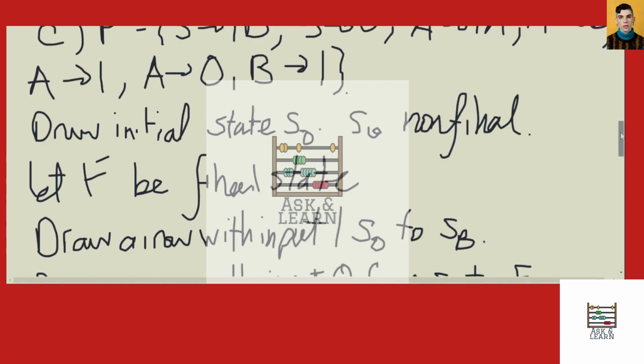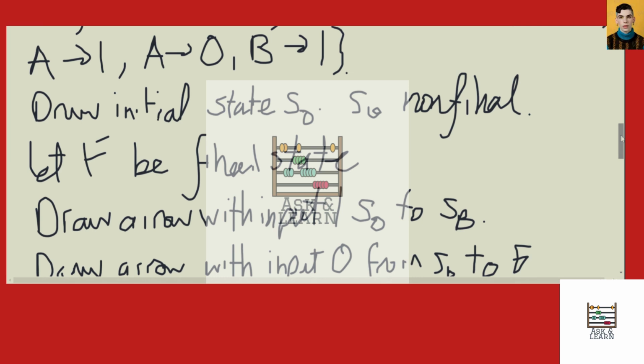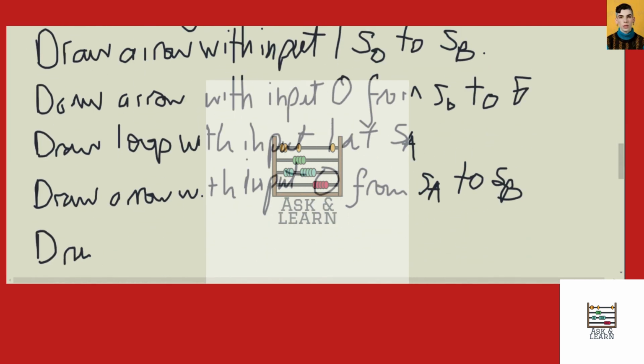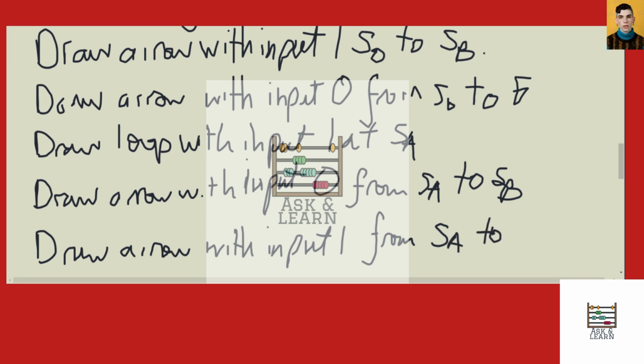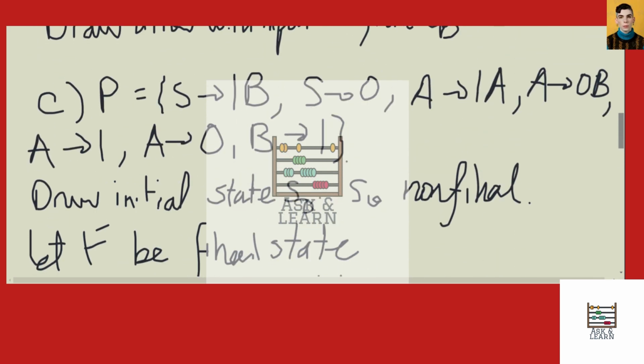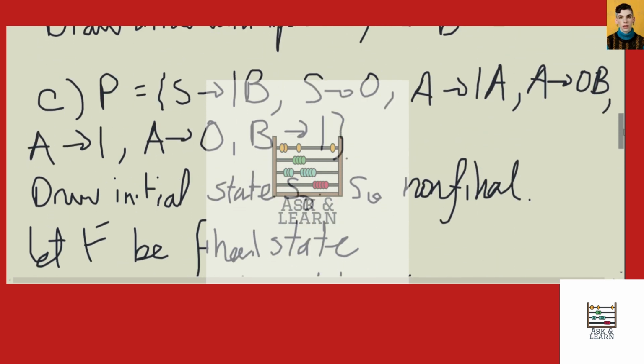And we'll also draw an arrow from SA to F with input 1. This represents that A can be replaced by 1, which is a terminal symbol.